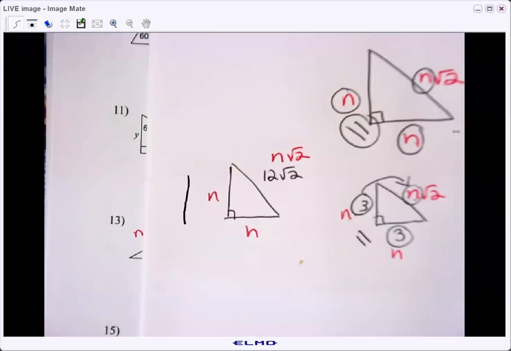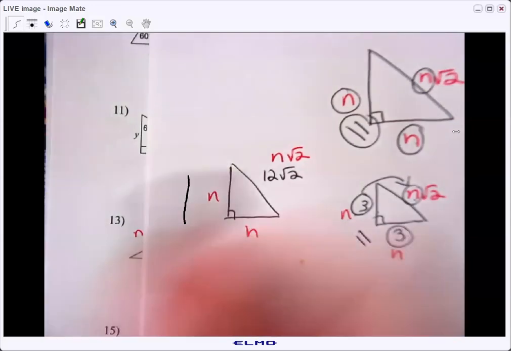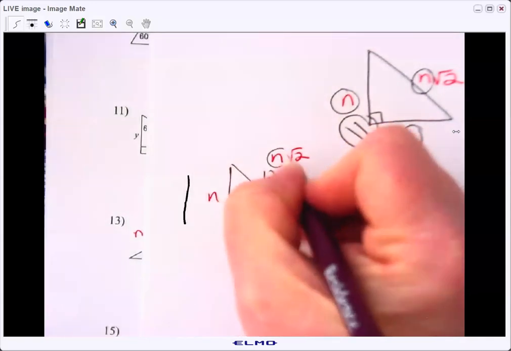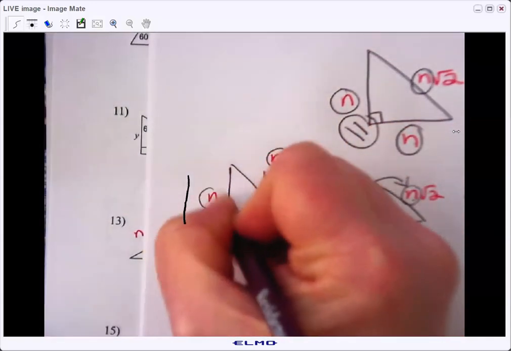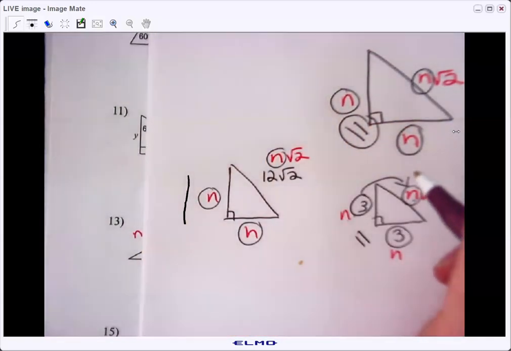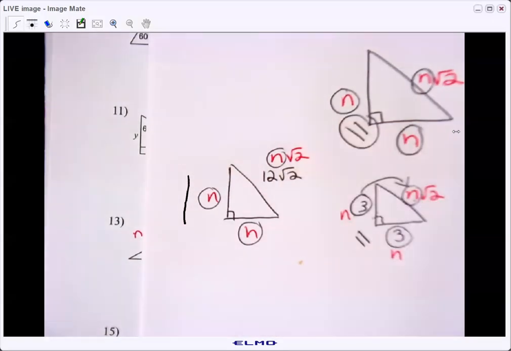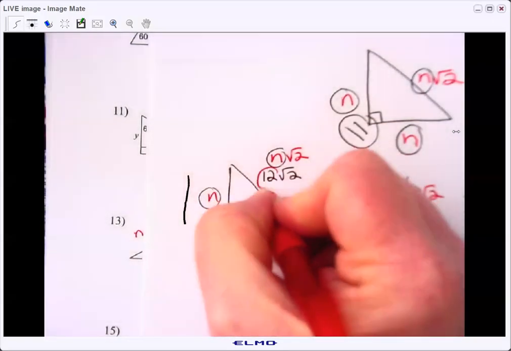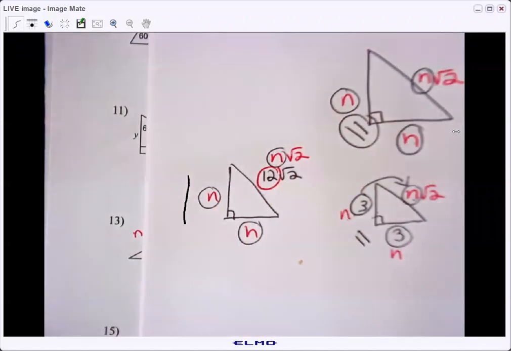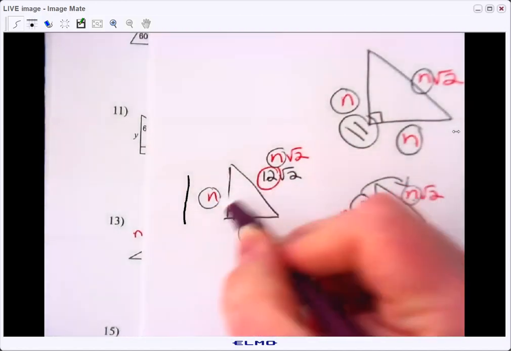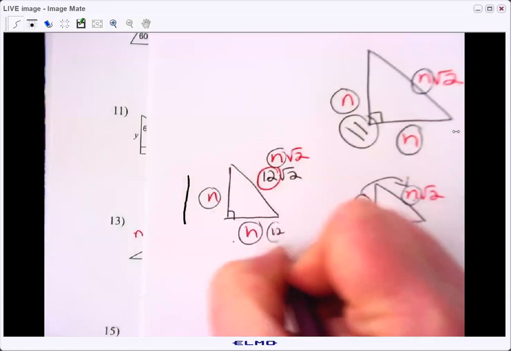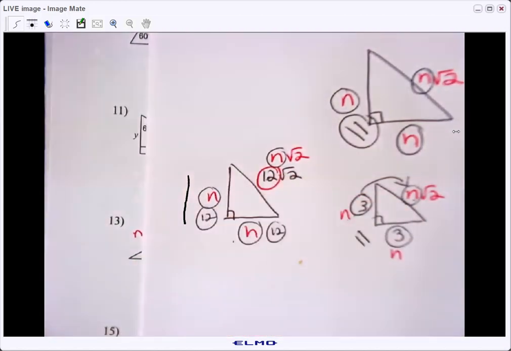The n. See? They all have the n in common. So when this is the number in front of my root 2, what do I know n is? 12. Because these numbers are all going to be the same, I know that n is 12.